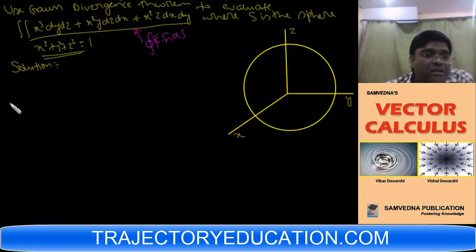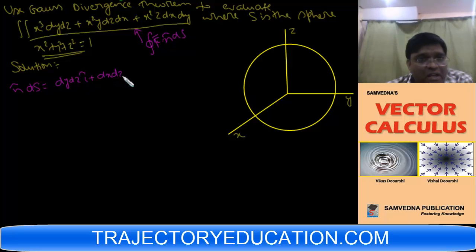So here I will tell you how we can write n dS. This n dS can be written as dy dz i plus dx dz j plus dx dy k.